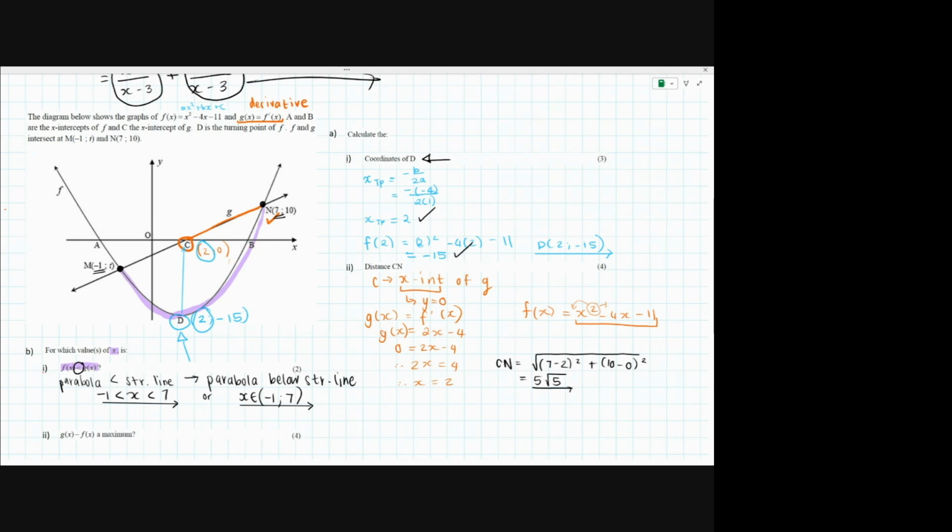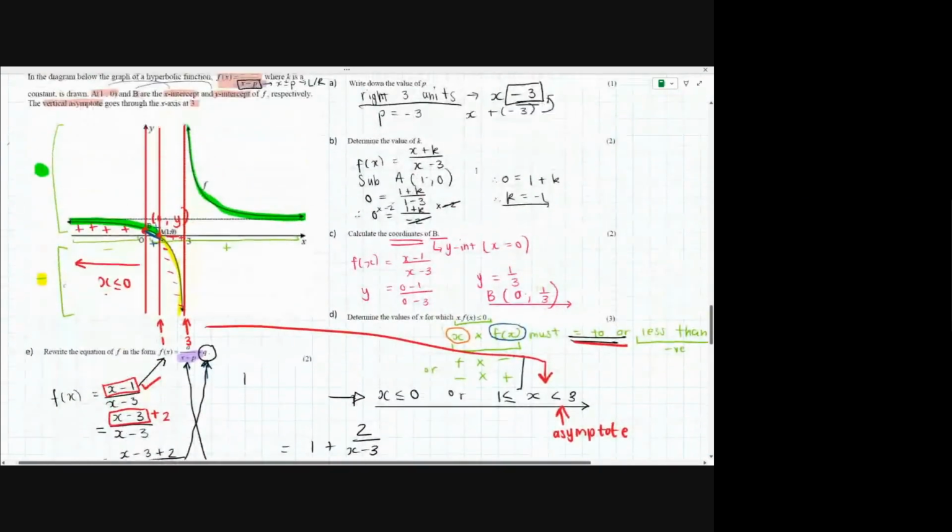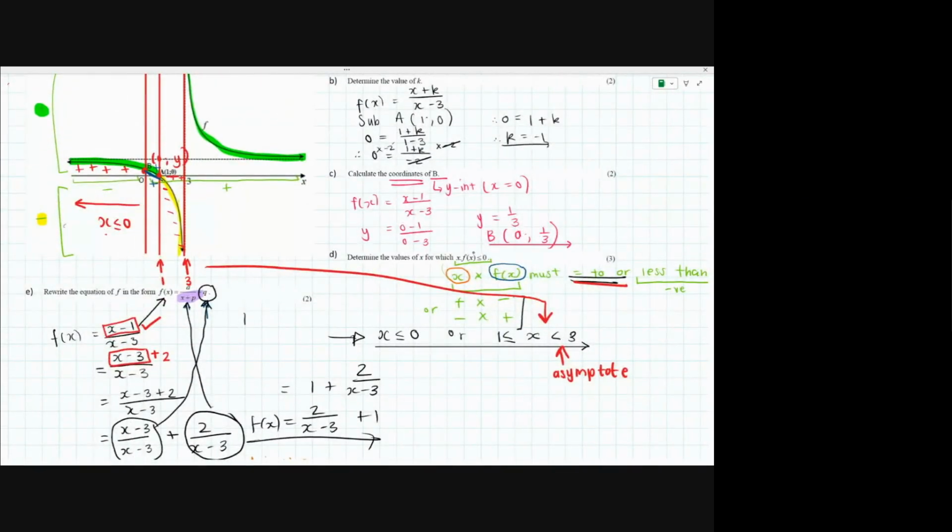Other question, ma'am, when do we include or not include the numbers? So if we jump back to this inequality, we would only include the numbers if the inequality sign had the equals underneath it. So in this last question that we had here, the inequality sign had less than or equal to. So that's why we could include the 0 and we could include the 1.